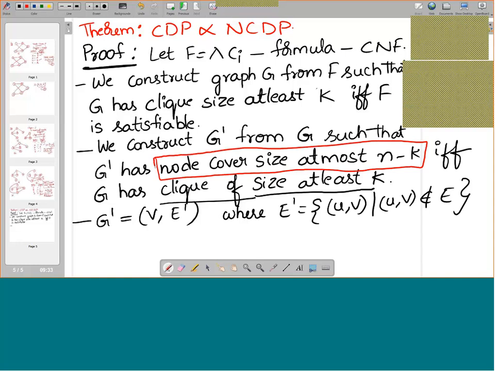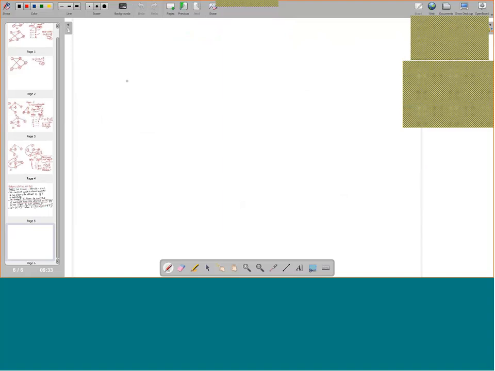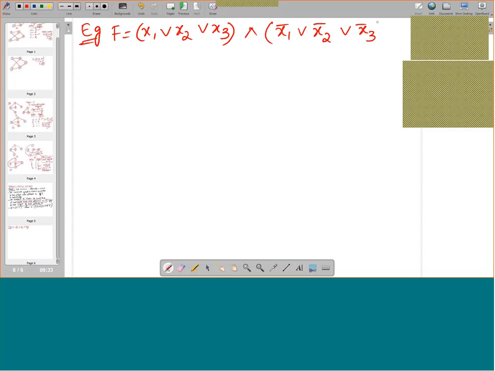So now we'll take one example. We'll construct the graph, then construct the complement graph, and check whether that complement graph has a node cover of size at most n minus k or not. F equal to (x1 or x2 or x3) and (x1 bar or x2 bar or x3 bar).